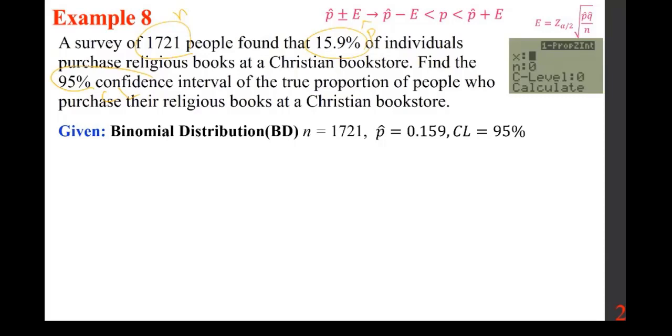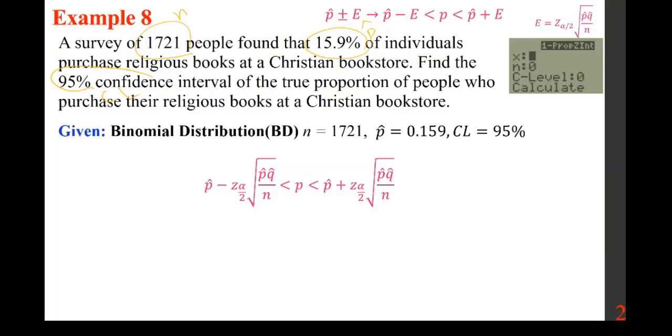Now, we can calculate the E using the top right formula. And for 95%, remember, we use 1.96. We've been using it. So I want to show you a slightly different method of writing this. You can calculate E and then add and subtract. Or you can write it in this fashion.